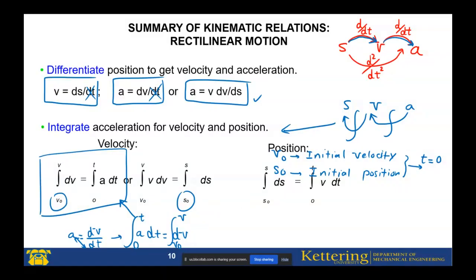Again, I do not want you to just find equations in my exam or in this class, but if you're interested, I like it. But I will provide those equations for the exam. But you have to know S0 and V0. Most of the time, initial position and initial velocity are 0.